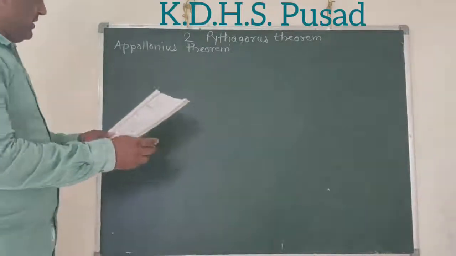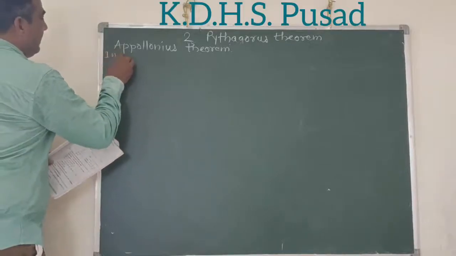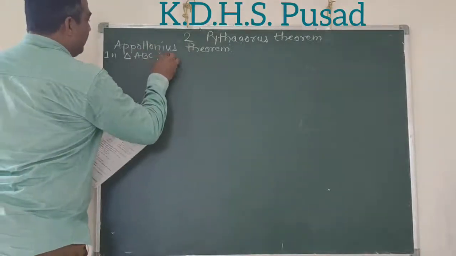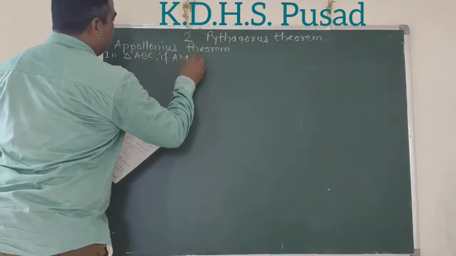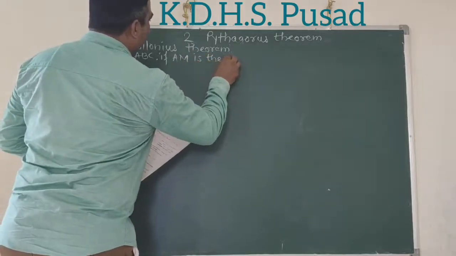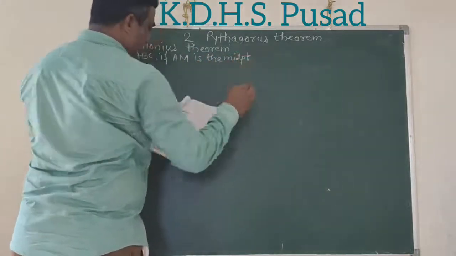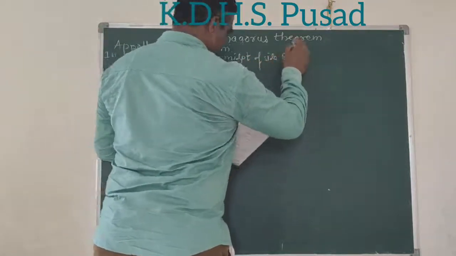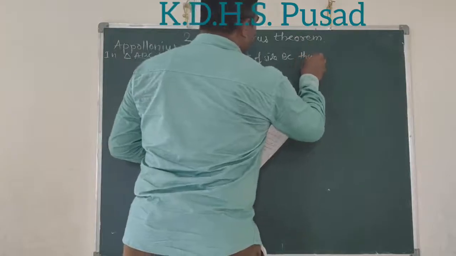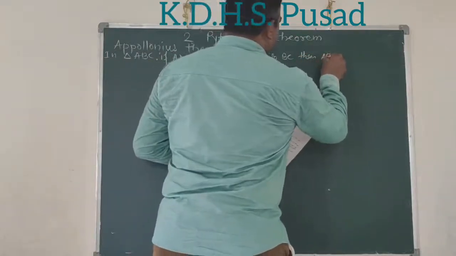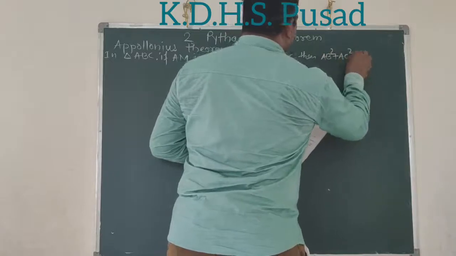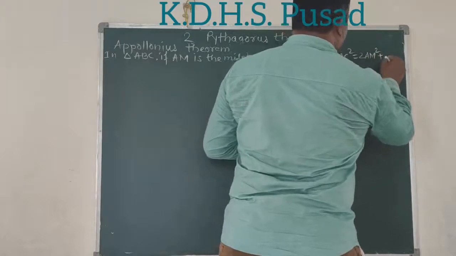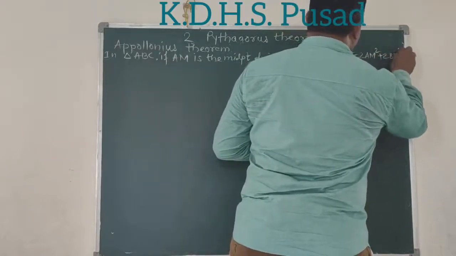Here the question is: in triangle ABC, if AM is the midpoint of side BC, then AB square plus AC square is equal to twice AM square plus twice BM square.